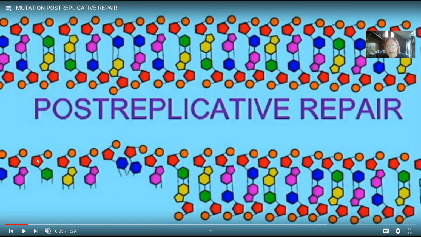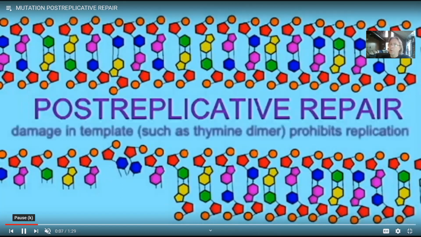If the same thing happens here, here's the original strand, but the original strand has a problem. We want to make a new strand, but you can't make a new strand if the original strand has a problem. What to do? Well, in bacteria, there's a protein called RecA, and humans have homologs to it, such as DMC and RAD, as you'll see.